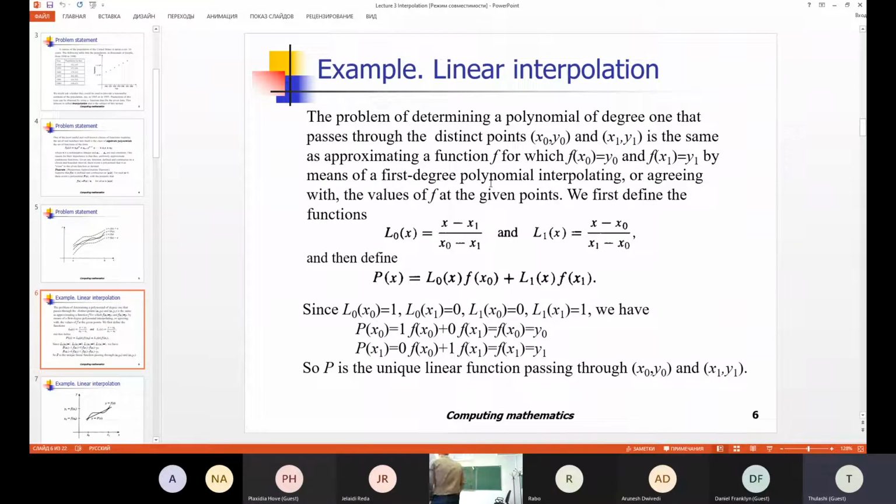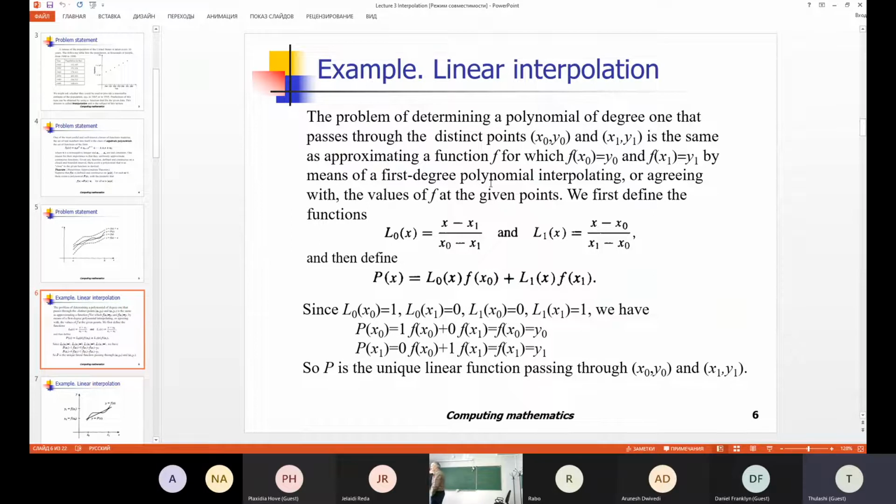You will have a similar situation: in the first term you will have 0 over something, and the value of the first term when you substitute x1 will be 0. 0 times y0 plus, and when you substitute here x1, which cancels, you have 1 times y1, and the answer is y1.